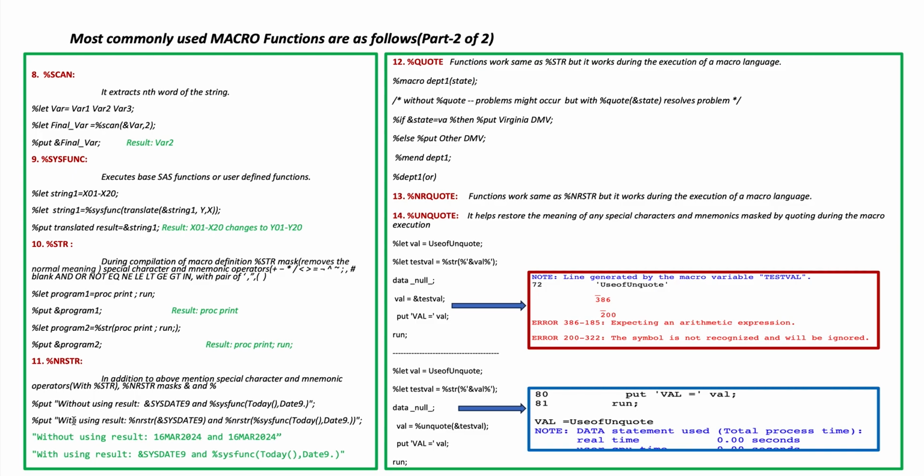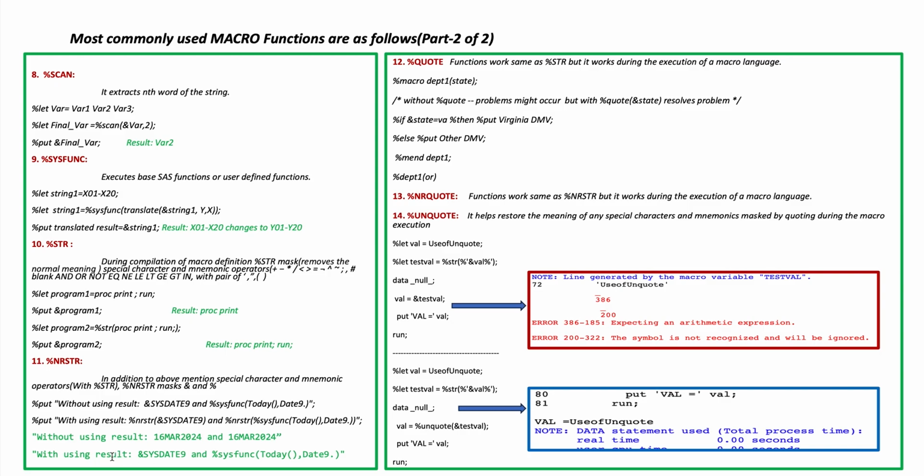And the second one is where we are going to use %nrstr. What is the difference? Without using %nrstr, we get today's date, 16 March 2024, and here also 16 March 2024.